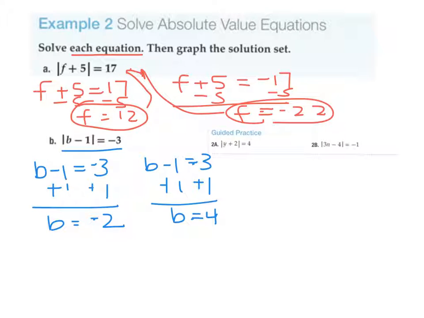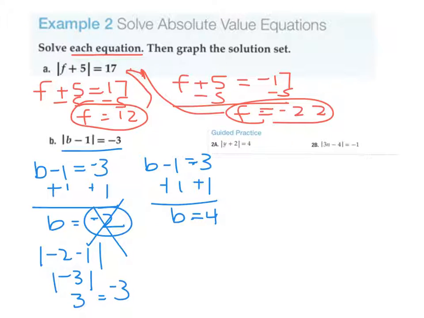And if you were actually to plug this number into the equation, a negative 2, let's just try it once just to show. This becomes a negative 3 absolute value, but we change absolute values into positive, so this is a 3 equals a negative 3. That does not work, so this is not a solution.